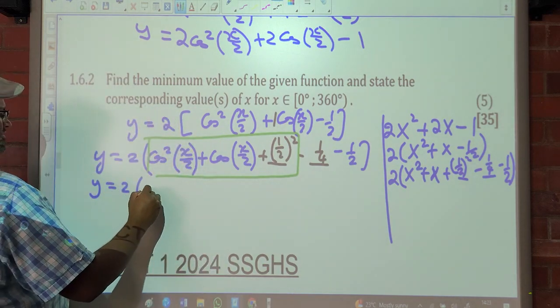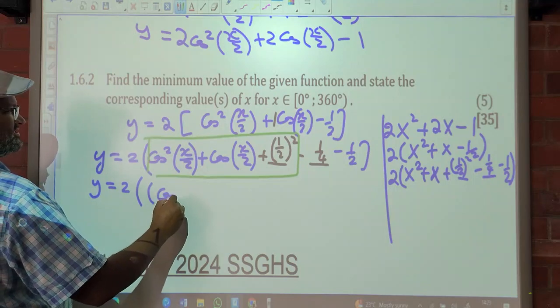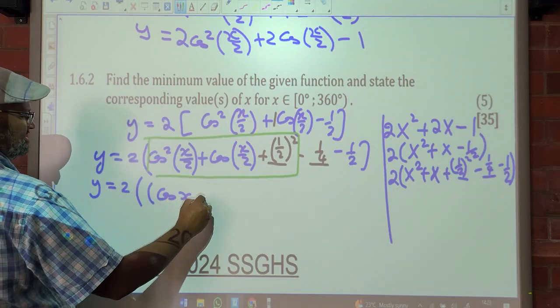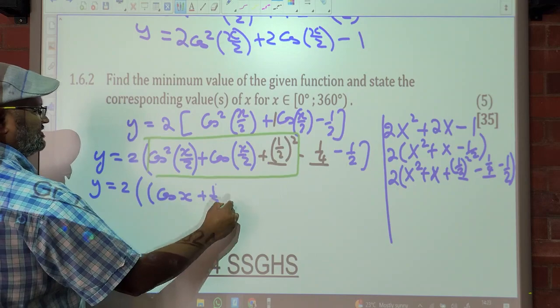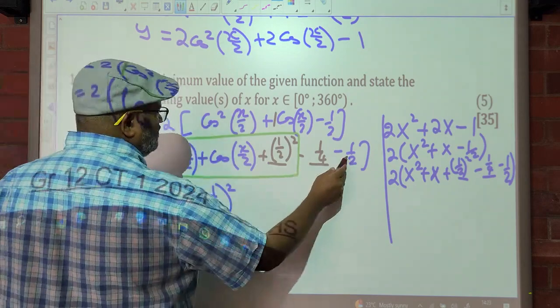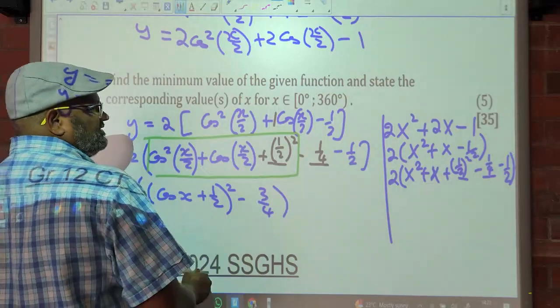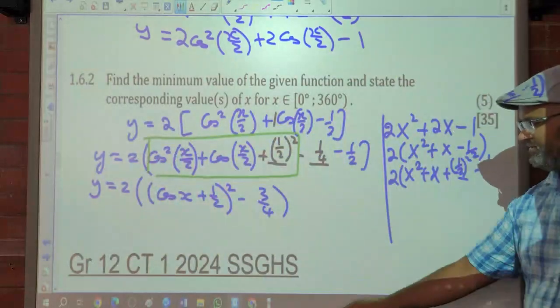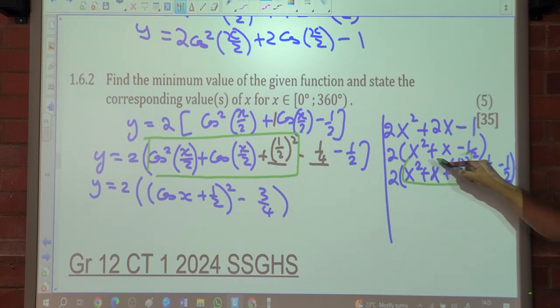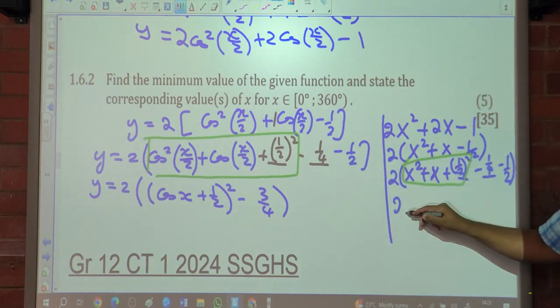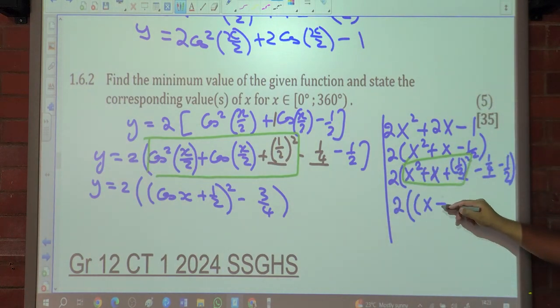So it's 2 into cos x plus a half squared. Now minus a quarter minus a half is minus 3/4, I think. No? We have done the same here. There's a perfect square trinomial. So it's 2 into x plus a half squared minus 3/4.